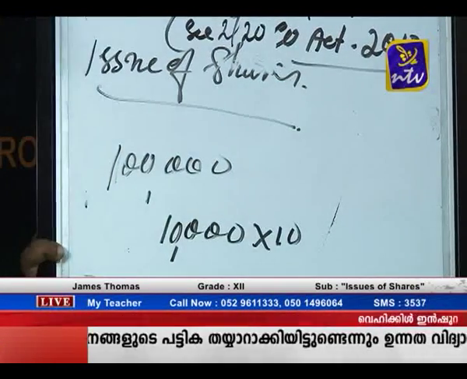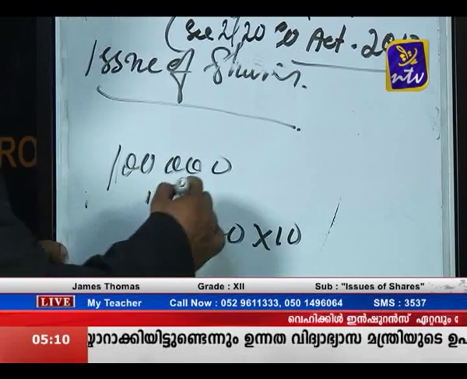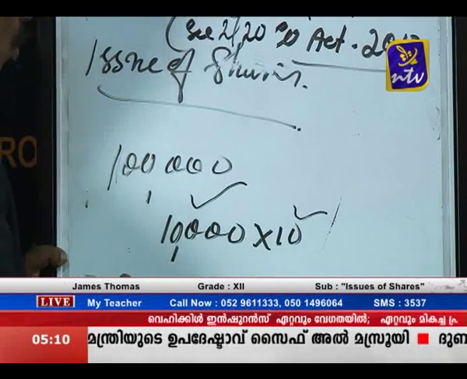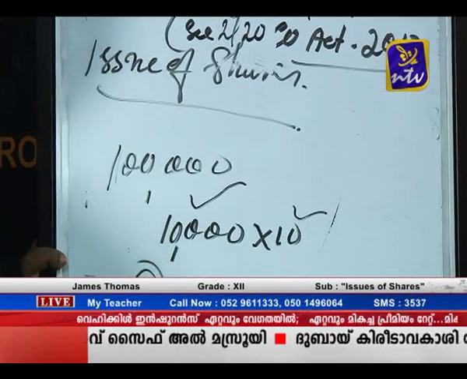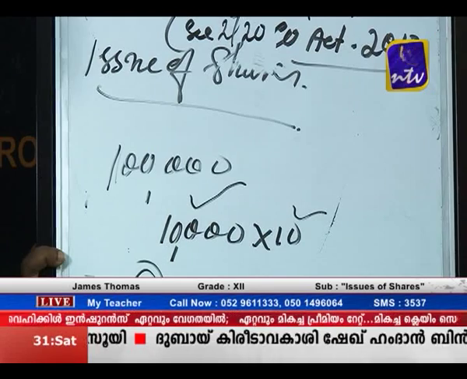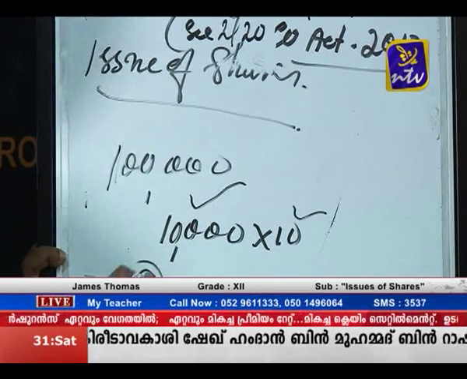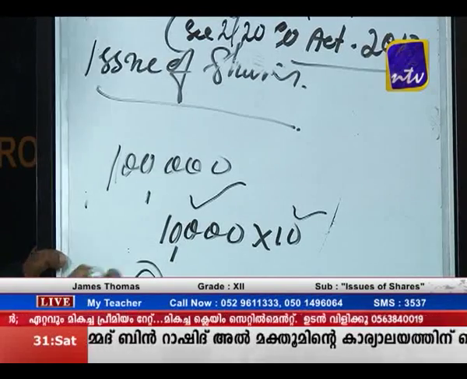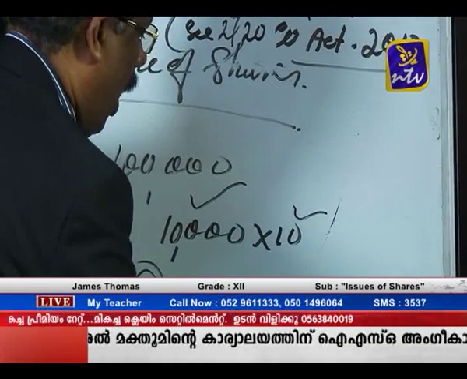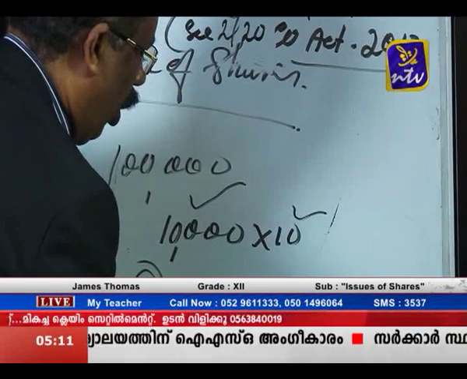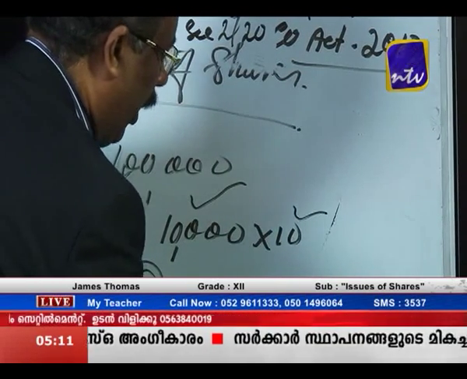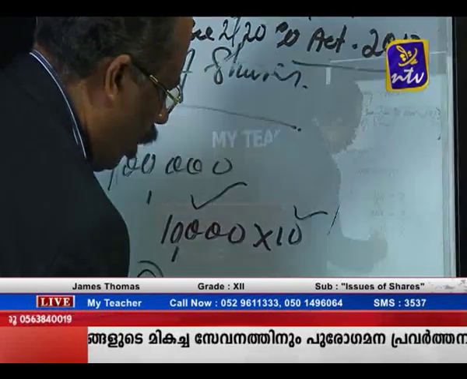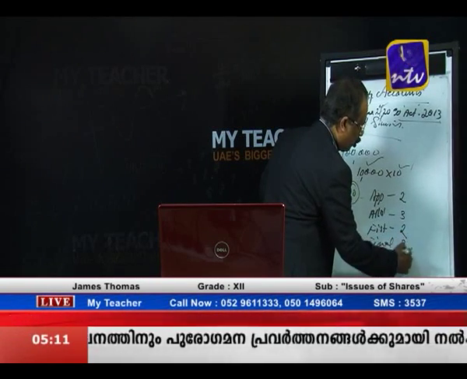That means 10,000 shares at the rate of 10, so 1 share is equal to 10 rupees. The par value or face value of the share is 10 rupees. This 10 rupees I can bifurcate into application money 2, allotment 3, first call 2, and final call 3.